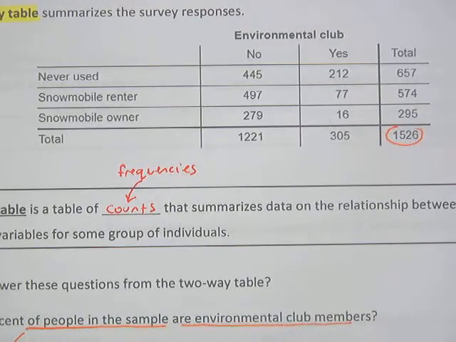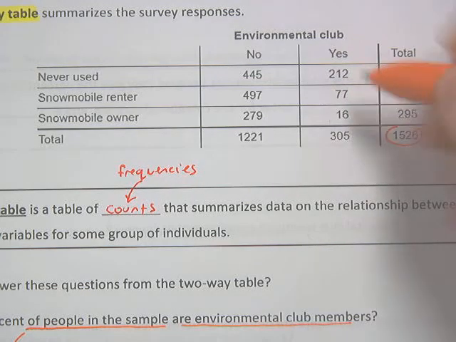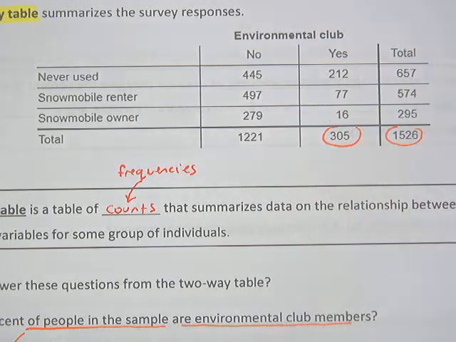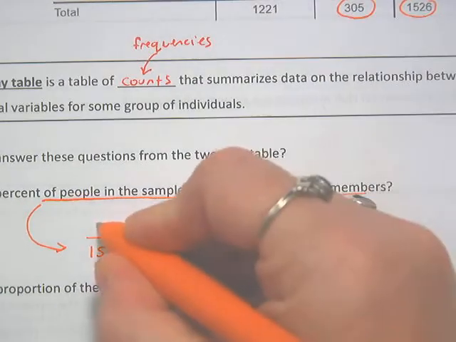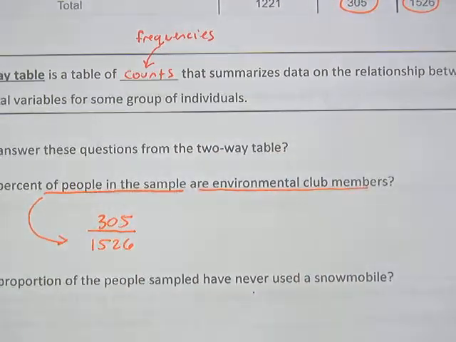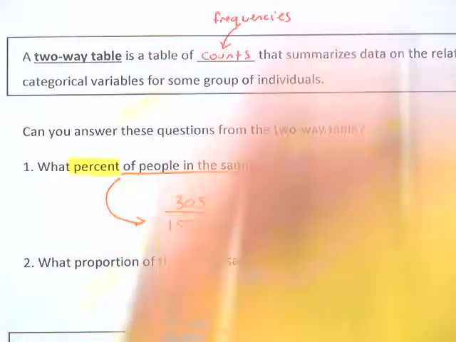So look at your data. How many people are environmental club members? 305. They said, yes, we are part of an environmental club. So that 305, the second part of the word problem, that number goes on top of the fraction. And then you just simply divide and give me the percent. It asks for a percent, so I want to make sure my answer is a percent.